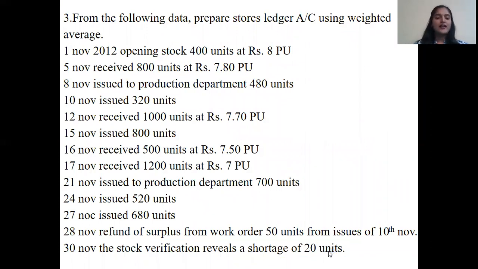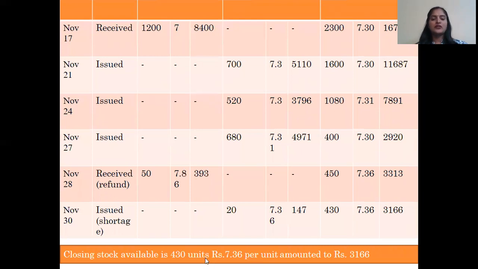Shortage, as I told you in the beginning, you need to take into the issues. Now, on 30th, we had a shortage. Shortage means we take it into the issues. How many units were short? 20 units is the shortage.